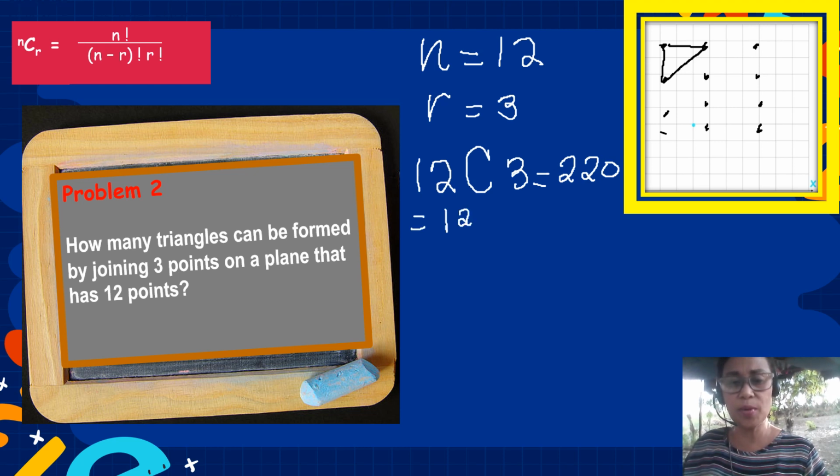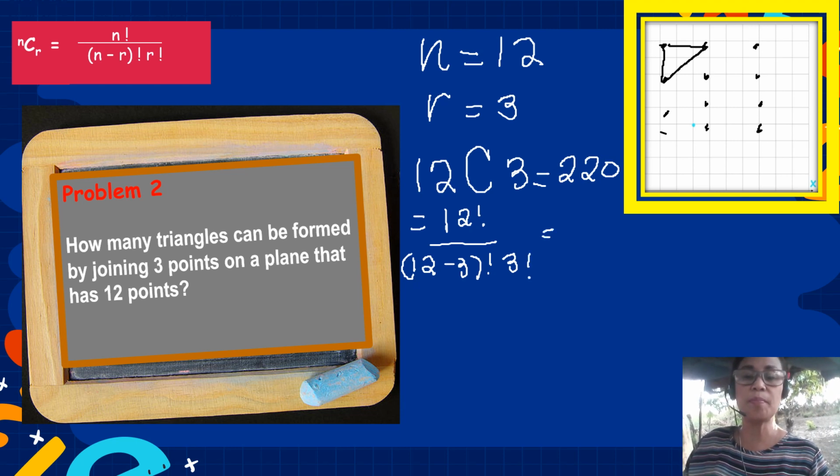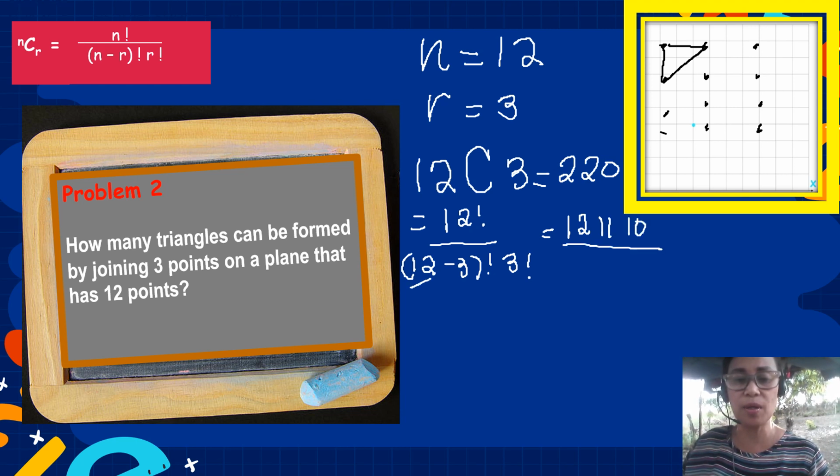Now, let's use the formula. 12 factorial divided by 12 minus 3 factorial times 3 factorial. On the top part, what's left will be 12, 11, 10, because 9 factorial will be cancelled here. Then you have 3, 2, 1.